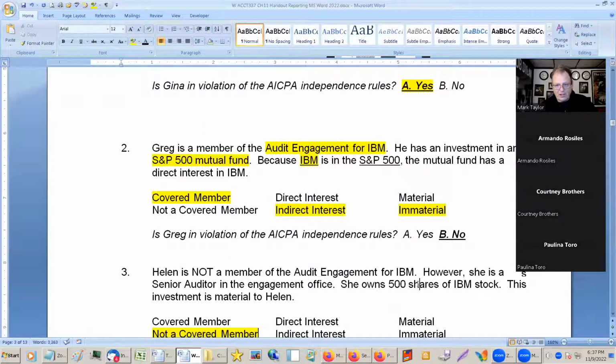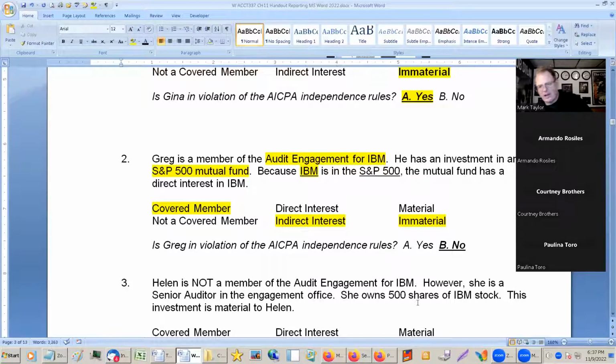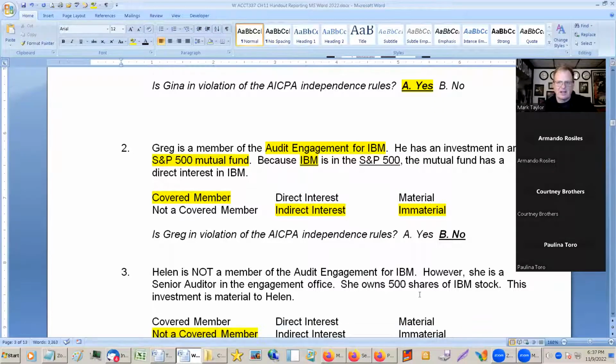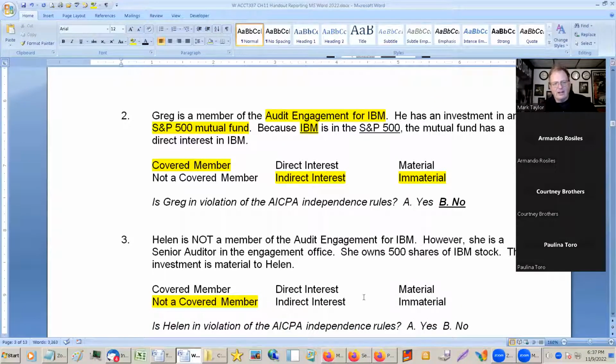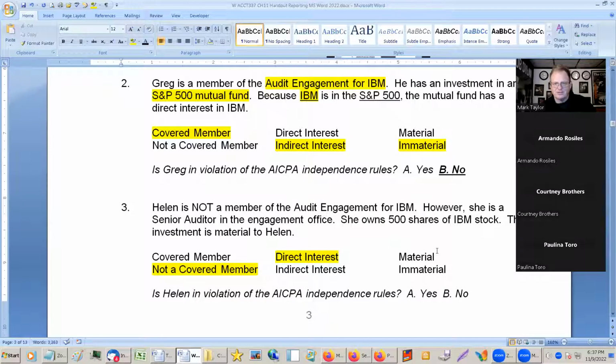She owns 500 shares of IBM stock. Is this investment material to Helen? 500 shares of IBM stock is probably $60,000 or $70,000. It's a direct interest. I don't know Helen's finances, but my guess is it's material. Maybe not, maybe she's very wealthy.